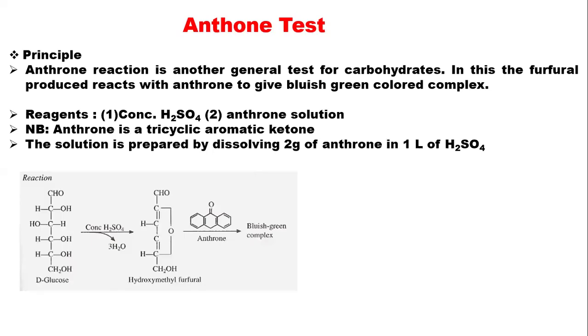So this is basically the reaction here. You have glucose, which is the monomeric unit. When it is dehydrated with sulfuric acid, you form the hydroxymethyl furfural, which now condenses with the anthron reagent. This is the tricyclic aromatic ketone. This structure is easier to grasp, and it will give you a bluish or blue-green complex.